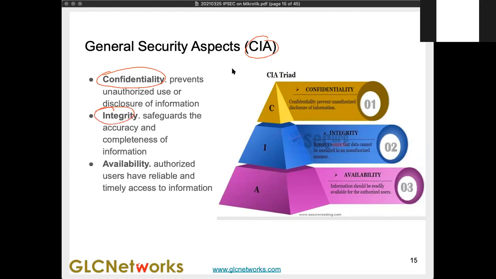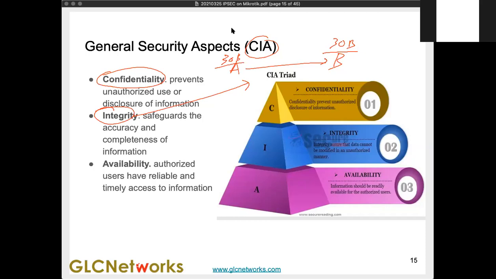Integrity means that when you send data from A to B, for example, if the data is 30 bytes, it arrives as 30 bytes with the same characters. No character is changed.